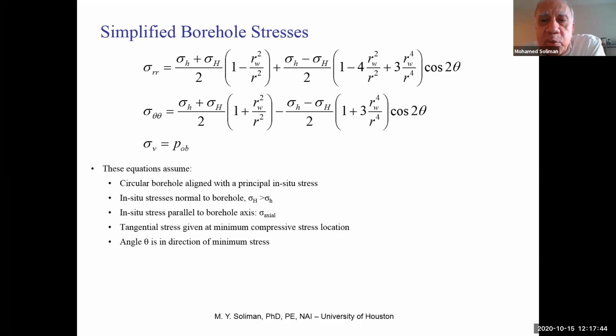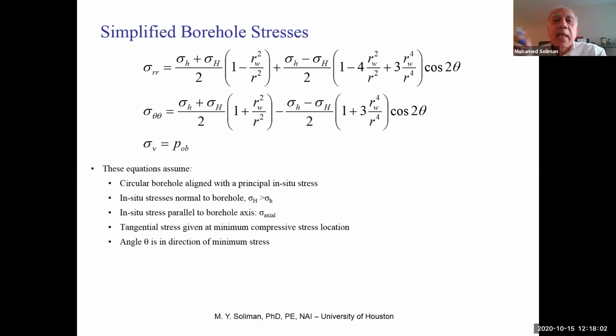If I'm at 0, cosine 0 is 1. So when I put this all together, it ends up being 3 sigma H max minus sigma h min, right?